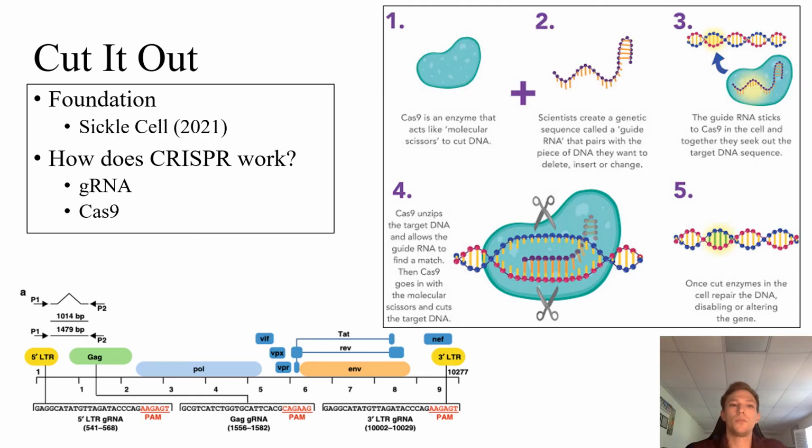So CRISPR-Cas9 foundationally has been approved this year, in 2021, by the FDA to treat sickle cell anemia, which is a mutation in red blood cells that can cause a variety of issues in those that have it.